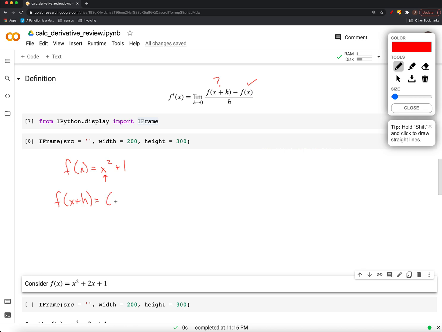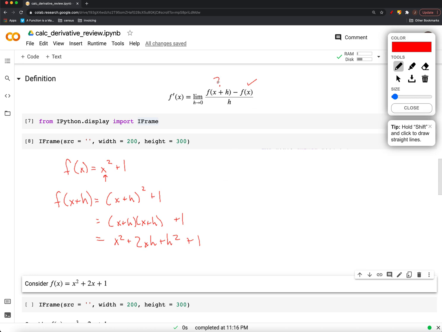That's our input to the function instead of x. So x plus h squared plus 1. And then we'll simplify this. So that means x plus h times x plus h, x squared plus 2xh plus h squared plus 1.